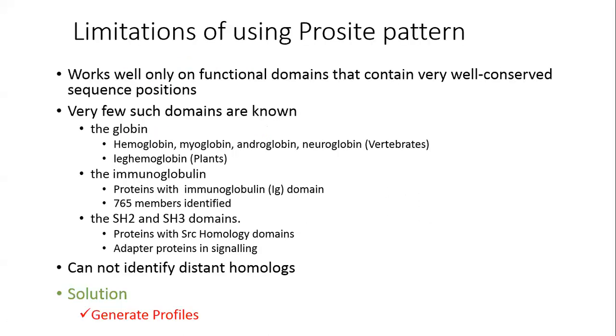Now let us talk about the limitations of using this PROSITE pattern. First and foremost, it is very evident that a PROSITE pattern would be an effective way to describe a motif only when the domains or sequences being considered for creating that pattern are functionally very well conserved in the sequences.